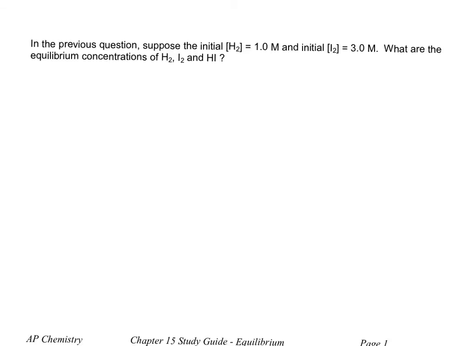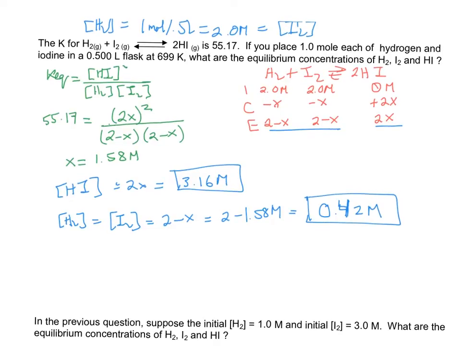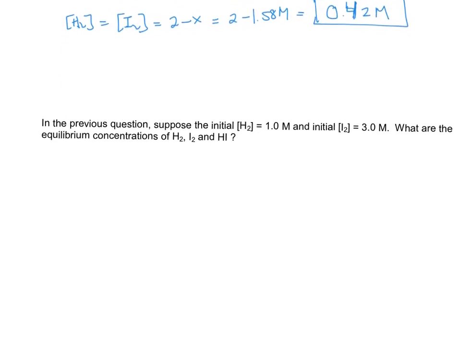It's exactly the same question as the previous one, except right here your initial concentrations are different. One of them is 3 molar and the other one is 1 molar, as opposed to both of them being 2 molar. So we're going to do the same exact thing, just with a different ICE chart.